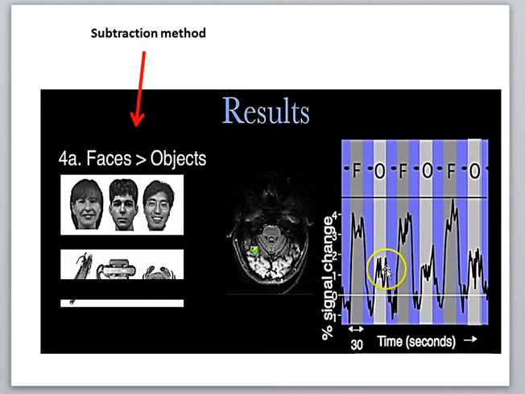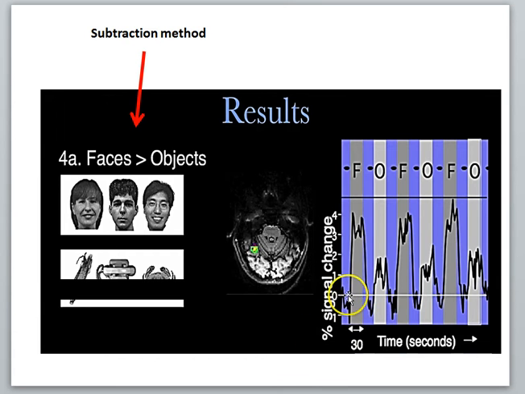Now notice there is a little bit of activity more than baseline, so this would be looking at a blank screen, for example. So objects do turn on the face area a little bit, but she's going to argue that the significant difference here indicates that this area of the brain is selectively processing faces. No other type of stimulus will activate this area of the brain as much as faces.